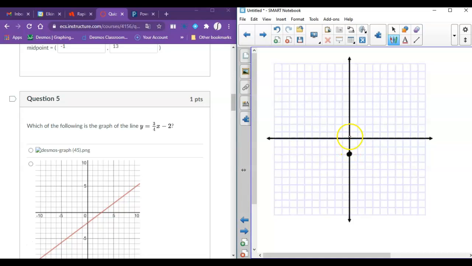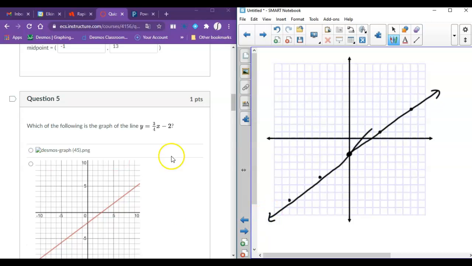So we would go up 1, 2, 3, to the right 1, 2, 3, 4. We could go back down in this direction here, and we will have this line right here.